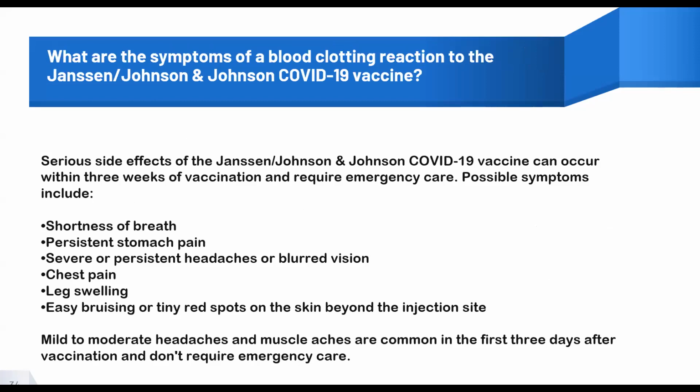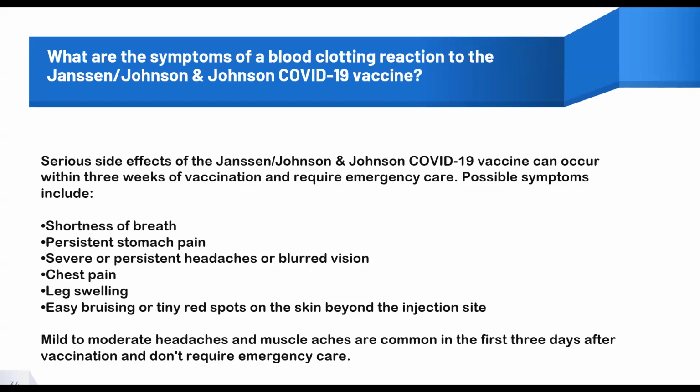What are the symptoms of a blood clotting reaction due to the Johnson & Johnson COVID-19 vaccine? Serious side effects of the Johnson & Johnson COVID-19 vaccine can occur within 3 weeks of vaccination and require emergency care. Possible symptoms include shortness of breath, persistent stomach pain, severe or persistent headaches or blurred vision, chest pain, leg swelling, and easy bruising or tiny red spots on the skin behind the injection site.